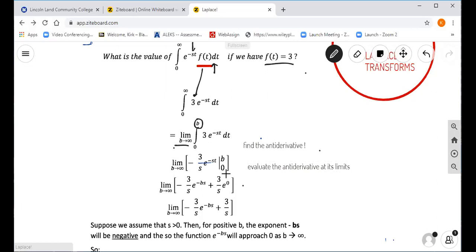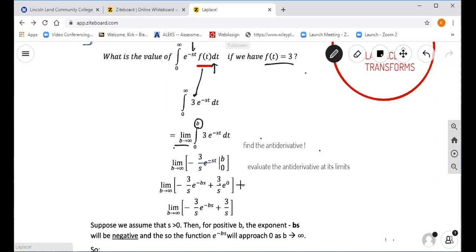And then we're also going to replace t at the lower limit with 0. If we replace t with 0, then that exponent becomes 0, and we're going to have minus 3 over s times e to the 0. And of course, we're subtracting that because of the fundamental theorem of calculus, so that becomes a plus there.